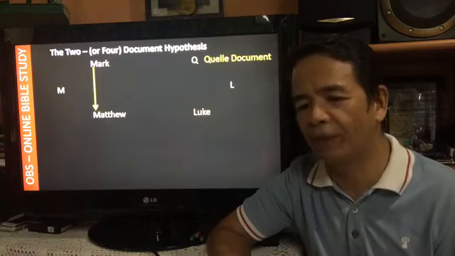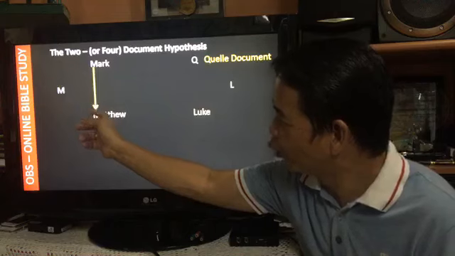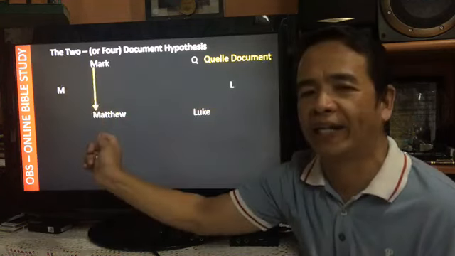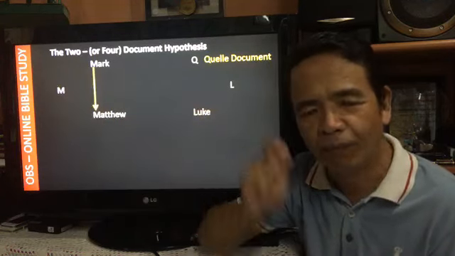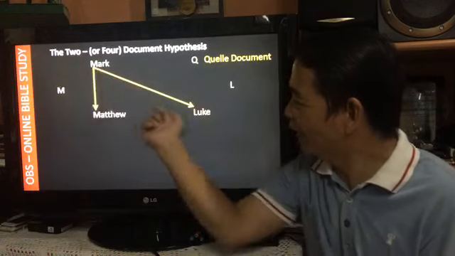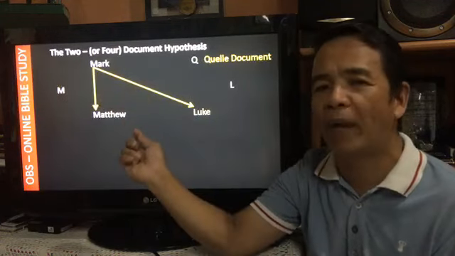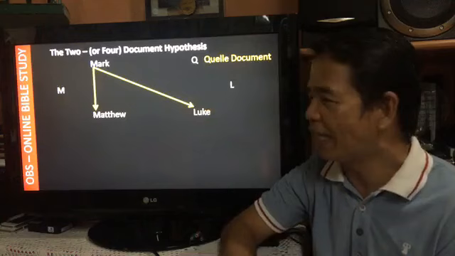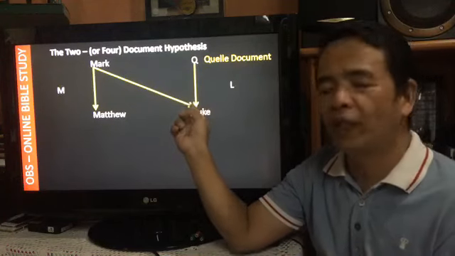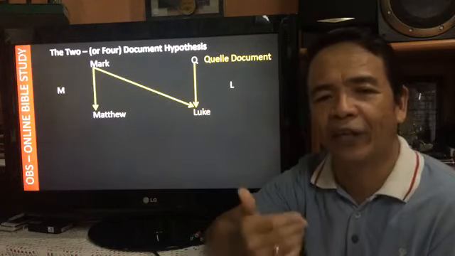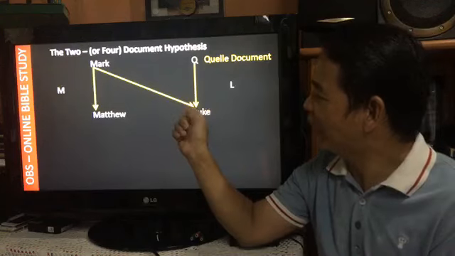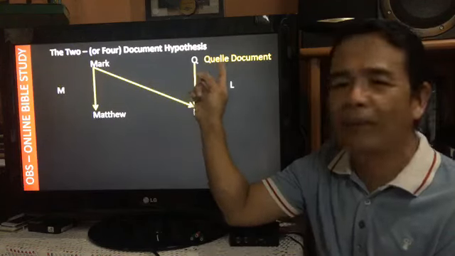With the assumption that Matthew borrowed from Mark, and Luke also borrowed from Mark. But at the same time, Luke, because he did a thorough study, must have taken some of it from a document.